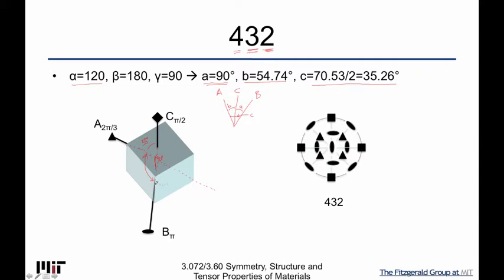But if we were to look out this way, and we were to see that coming out directly this way is another twofold axis, for example, then remember in the last lecture we had shown that the angle between 111 directions is 70 degrees.